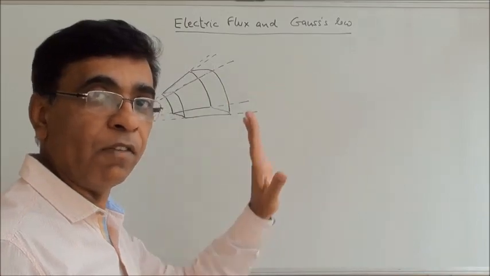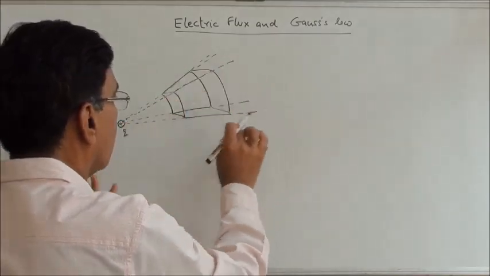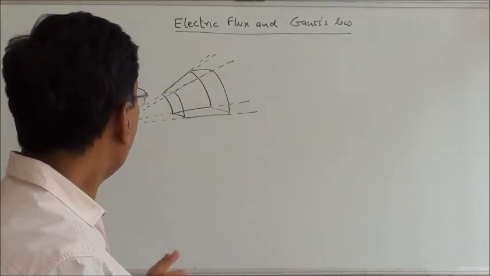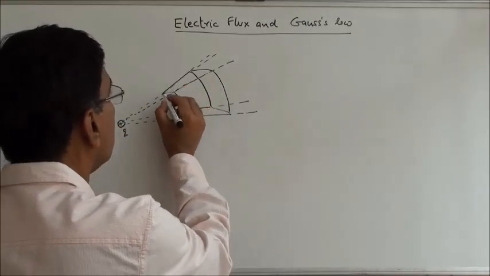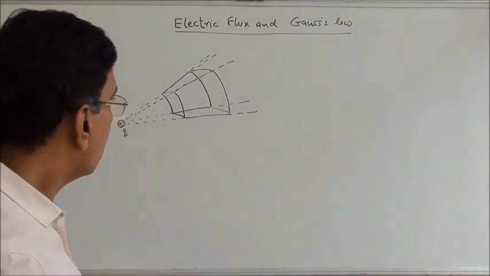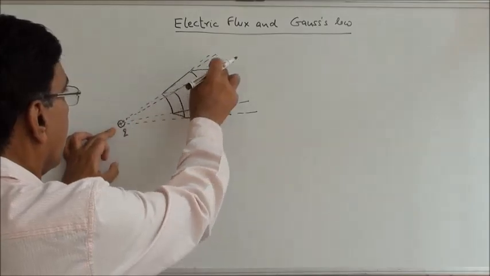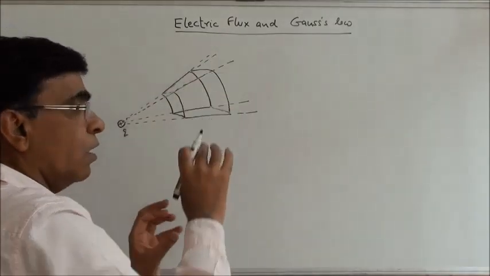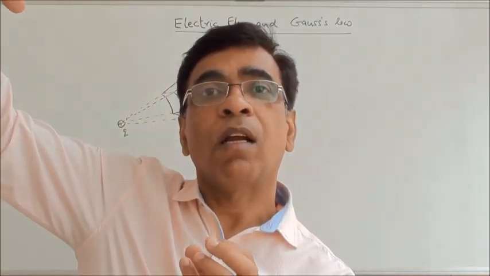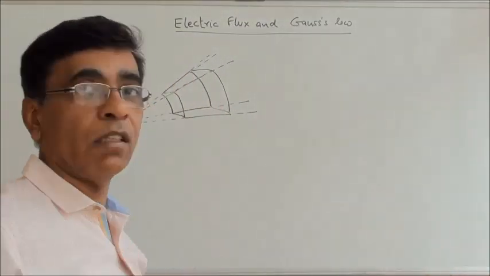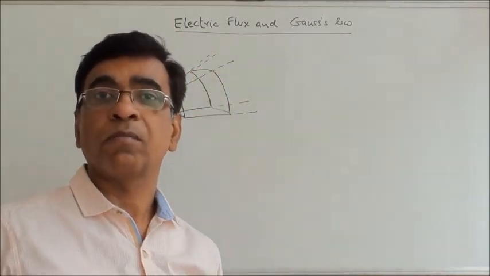There is an electromagnetic field here. Anyway, these are the electric lines of forces, and I have taken one particular positive charge and considered one surface. I may consider a cone at the top of which this point charge is there, and from this cone I have taken out one surface.